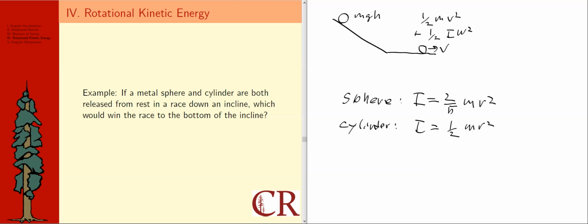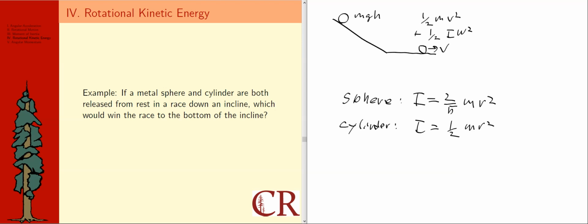So the difference in these two formulas for the moment of inertia would make the difference in this rotational part of the kinetic energy, once it's finished rolling down the incline. The cylinder, because it has the larger number, 1/2 is larger than 2/5, that really reflects the fact that there is more matter distributed at larger distances from the rotation axis for a cylinder as compared to a sphere.